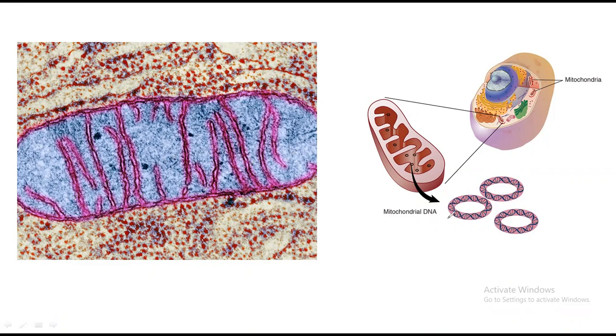The nuclear material present in the mitochondria is circular DNA, and more than one copy of DNA is present inside the mitochondria. So this was a short story about the evolution of mitochondria, how it enters the cell and the main cause that it enters the cell. And this is the microscopic image of the mitochondria.